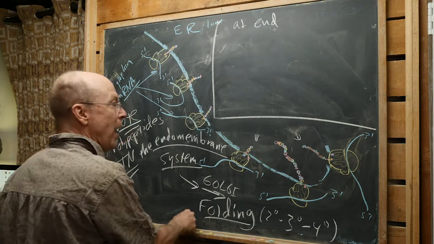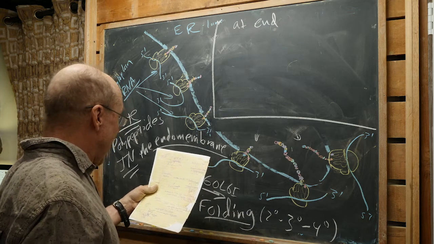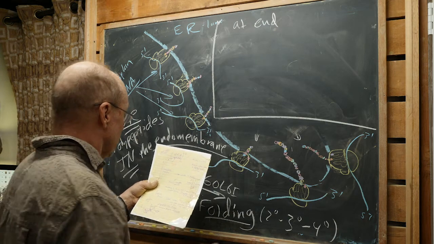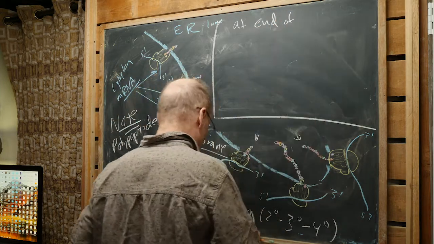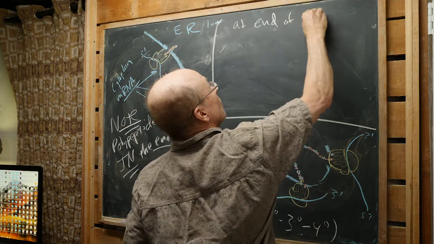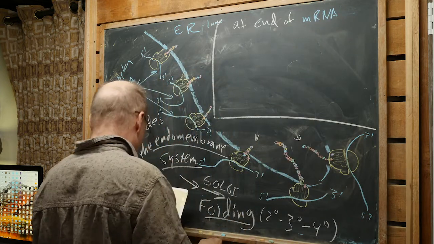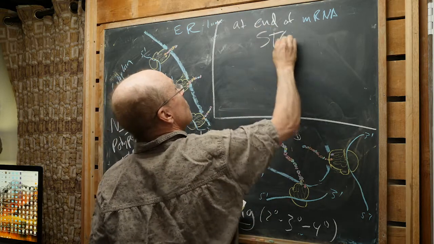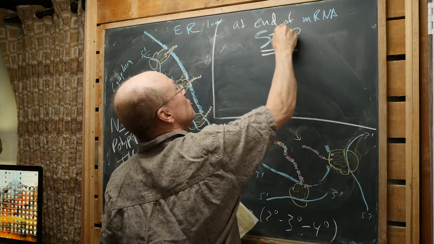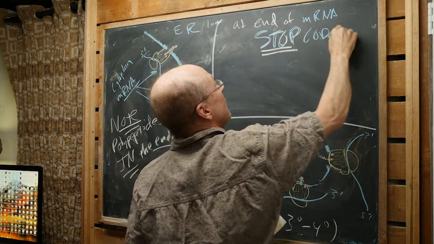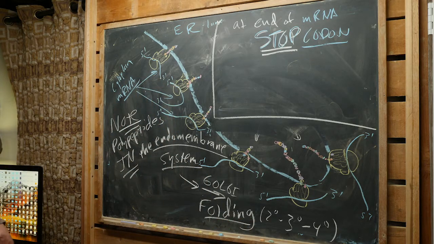Okay, so at the whole end of the story, what is going to happen is that the ribosome, at the end of the mRNA, is going to see a stop codon. We have stop codons that are specifically in the language.